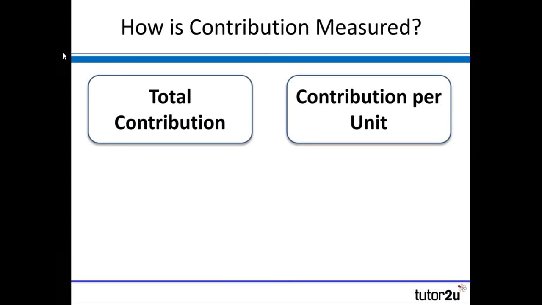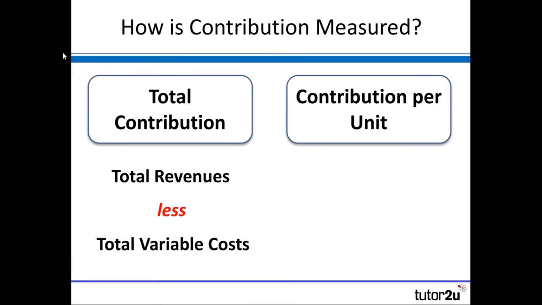Now, how do we measure contribution? There are two important measures that you need to be familiar with and need to practice. And in particular, the one on the right, contribution per unit, is incredibly useful if you're asked to calculate what the break-even level is, or the break-even output. Total contribution is calculated by taking total revenues for the business and taking away the total variable costs of the business.